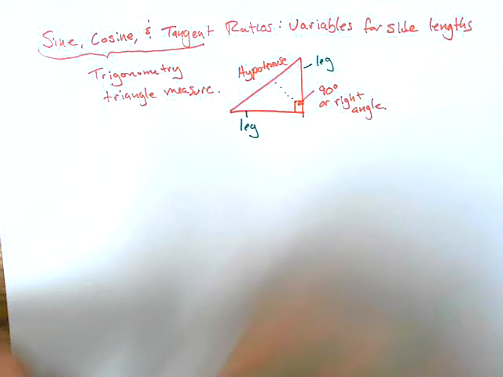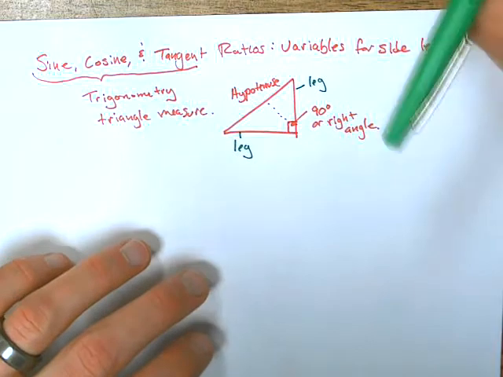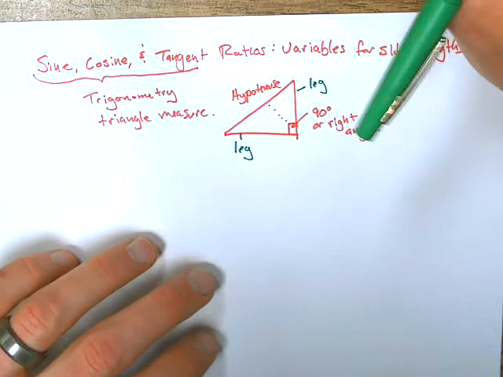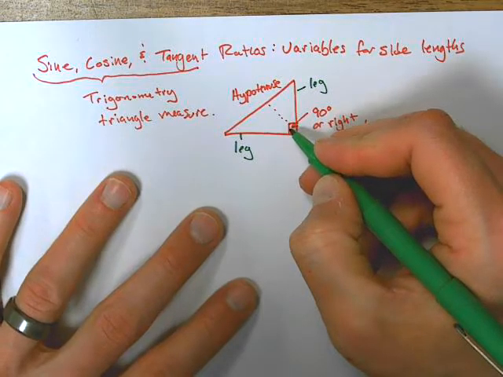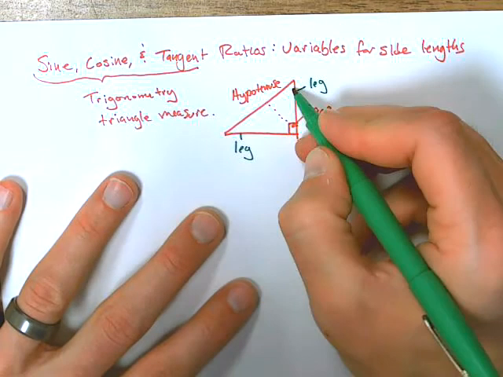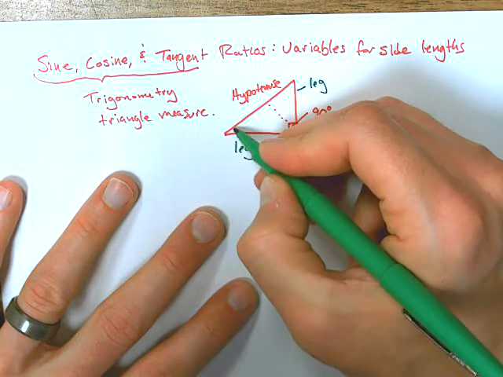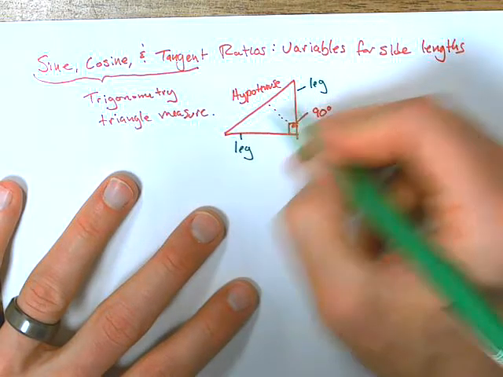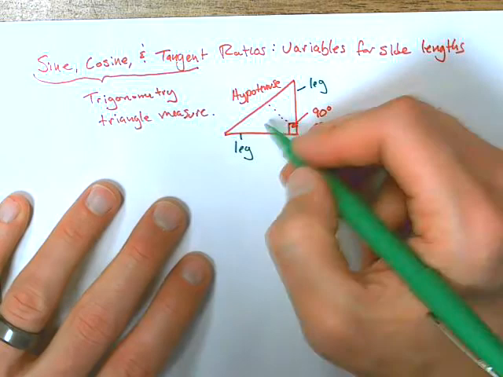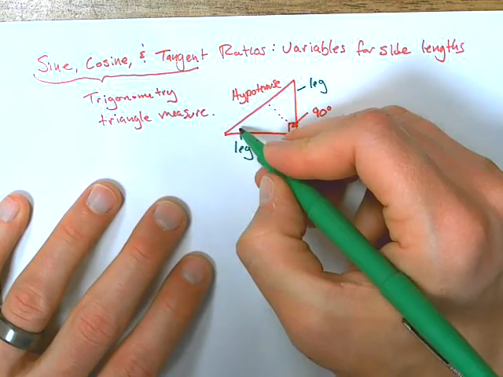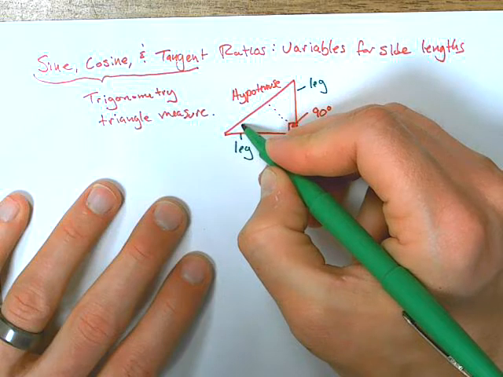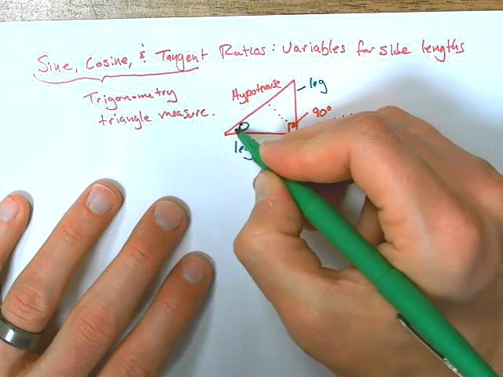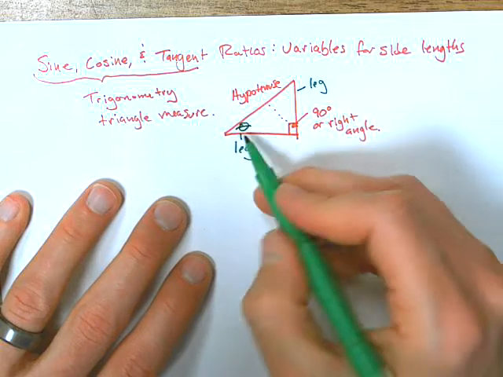Okay. Now, of course, there's a few other angles involved here besides that 90-degree angle, and these angles are always going to be acute angles, or less than 90 degrees. And when we do trig, we usually designate one of those angles, and I'm going to just use this symbol, which looks like a zero with a line through it.